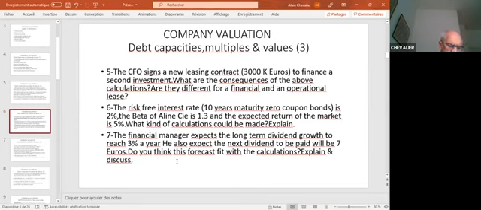When you have a look at the forecast, and I will do that for you next time, generally the financial managers don't expect long-term dividend growth. They are working on the earnings per share and on the payout ratio.